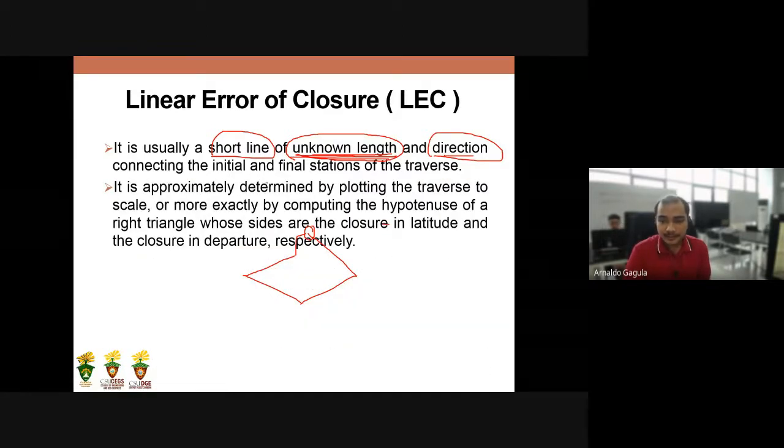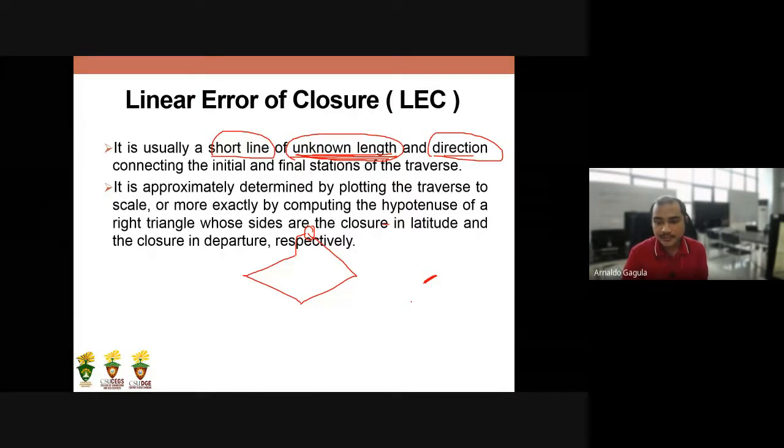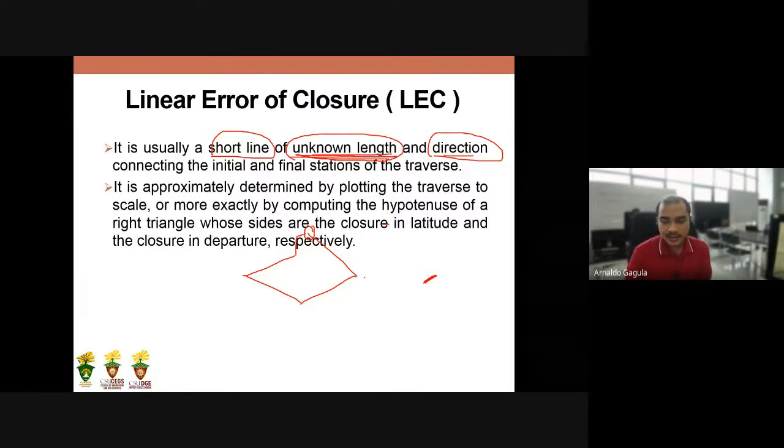It is approximately determined by plotting the traverse to scale, or more exactly by computing the hypotenuse of the right triangle whose sides are the closure in latitude and closure in departure respectively. So you calculate it, you compute the distance from the difference in departures and the difference in latitude. You subtract the computed coordinates from the true coordinates, leaving the difference in latitude and difference in departure.